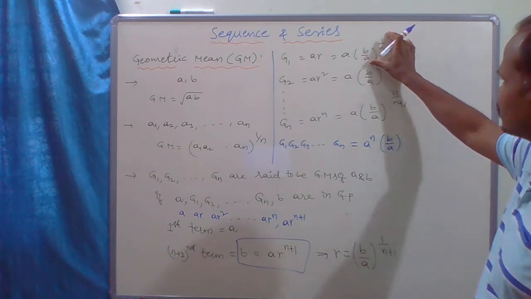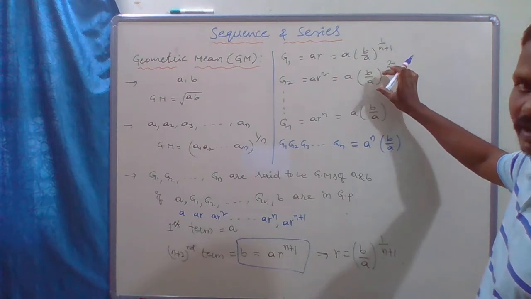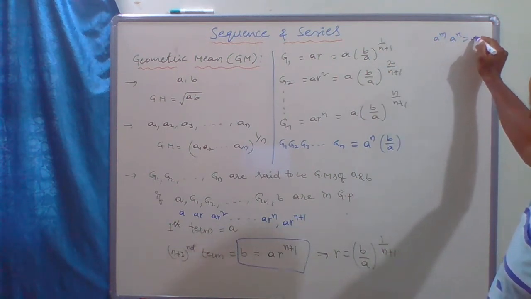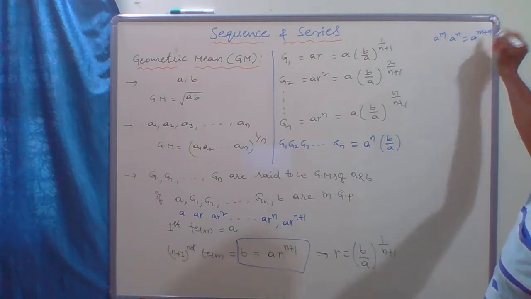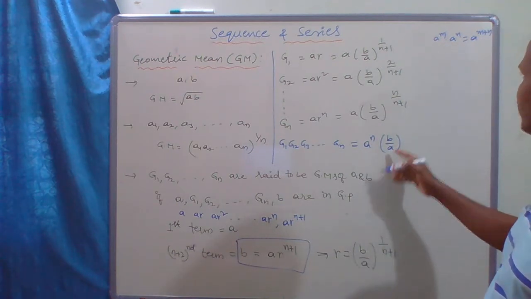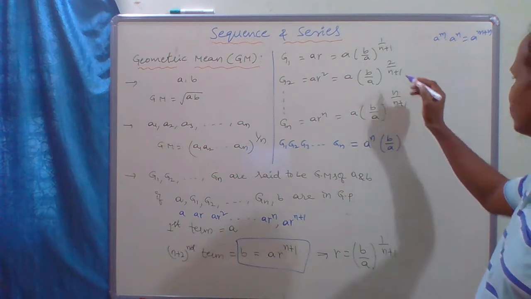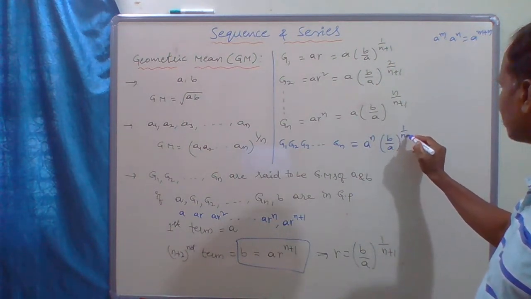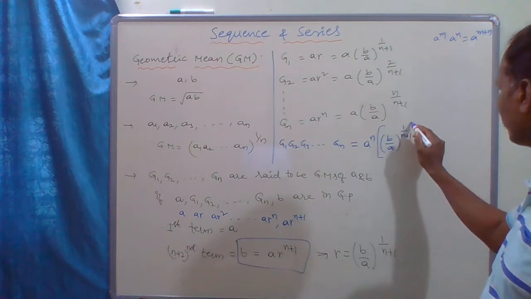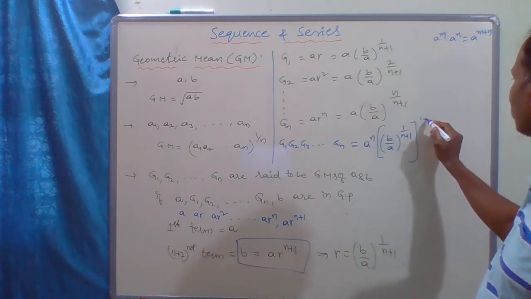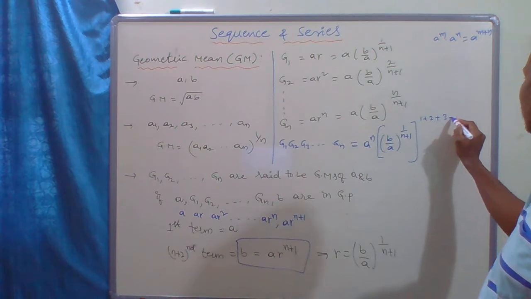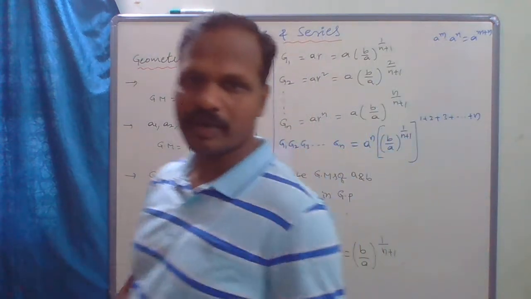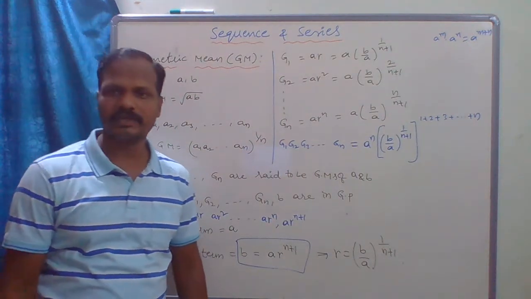This one, A power m into A power n equals A power m plus n. So B by A whole power, observe this, 1 by n plus 1 is common. This term is common, whole power 1 plus 2 plus 3 plus so on plus n, n terms. A power m into A power n, A power m plus n.